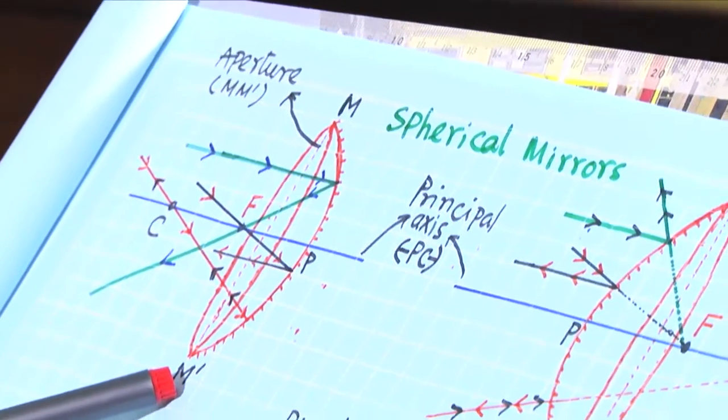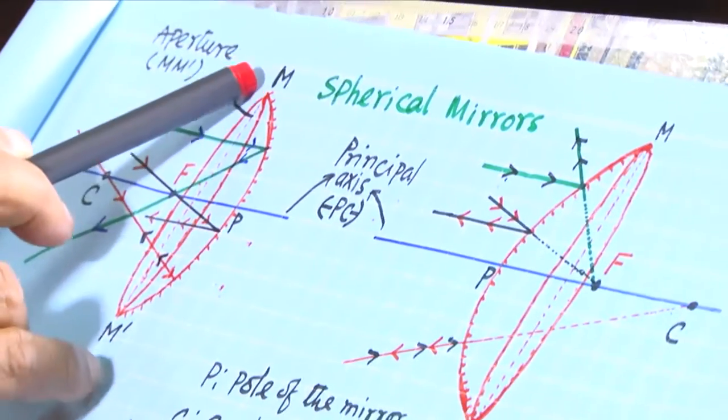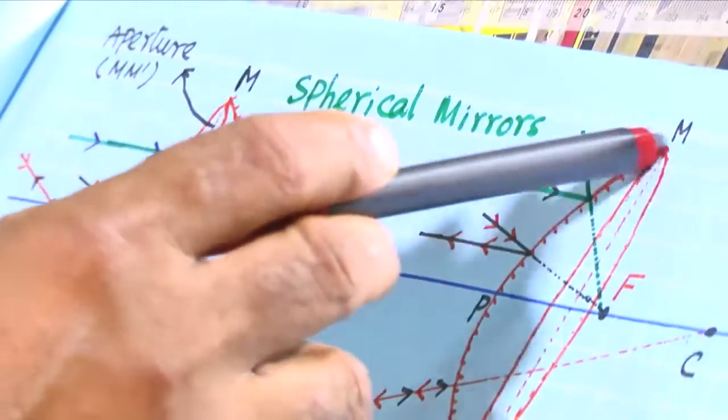Here the nomenclature is, this is the concave mirror and this is the convex mirror.